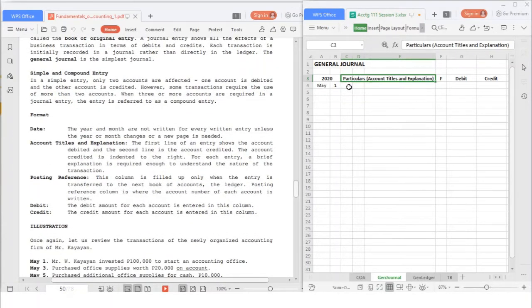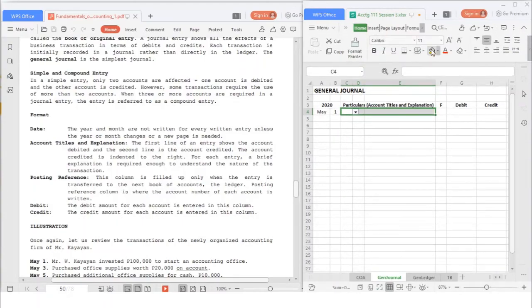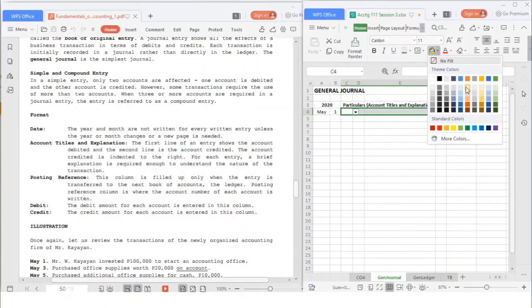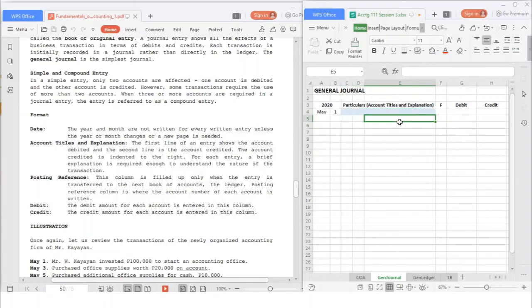The first line of entry shows the account debited. So, the first line is for your debit, whichever account you are debiting.